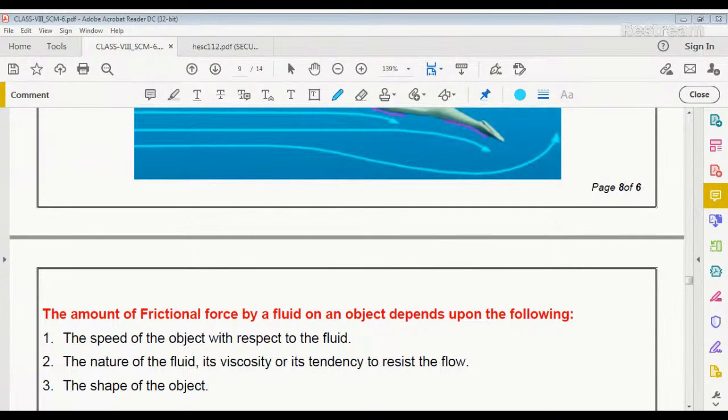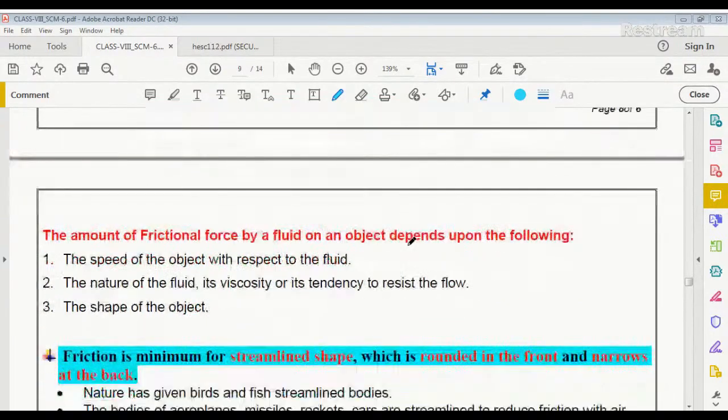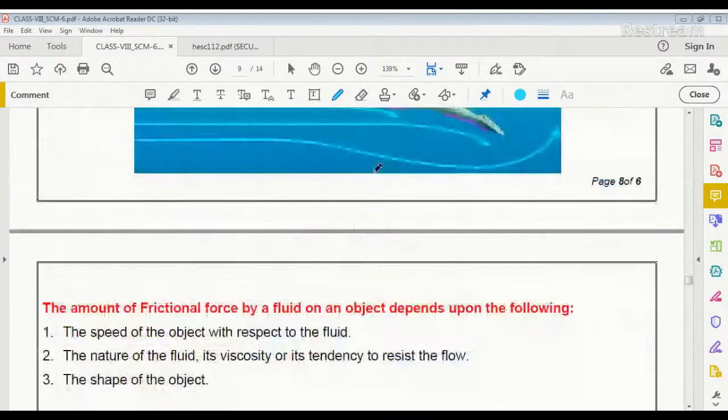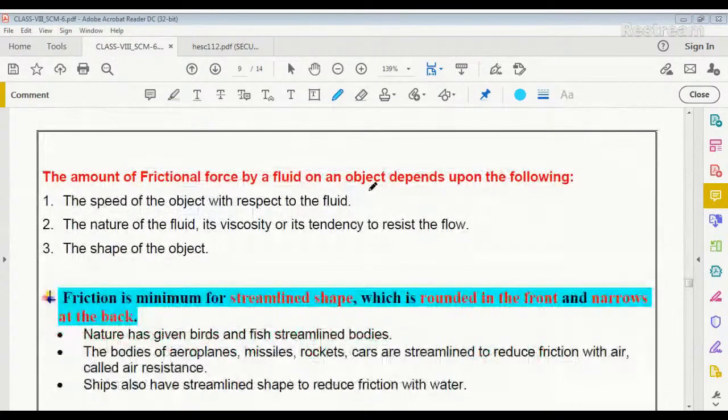This is very easy, isn't it? Next, you see that friction is minimum for a streamlined shape, which is rounded in the front and narrows at the back.